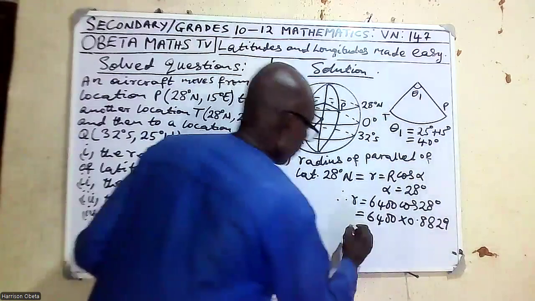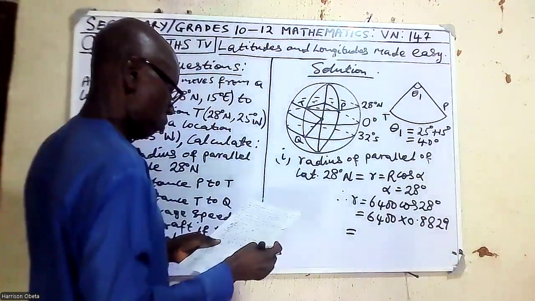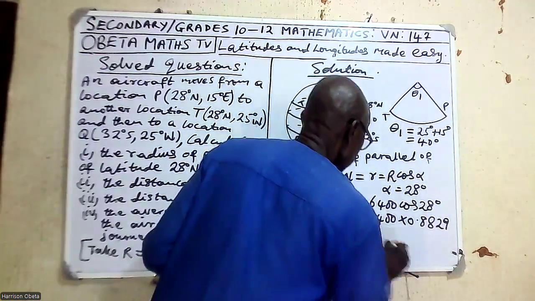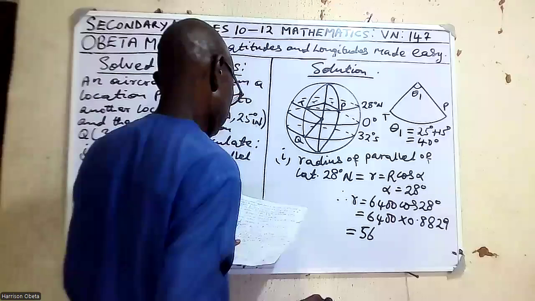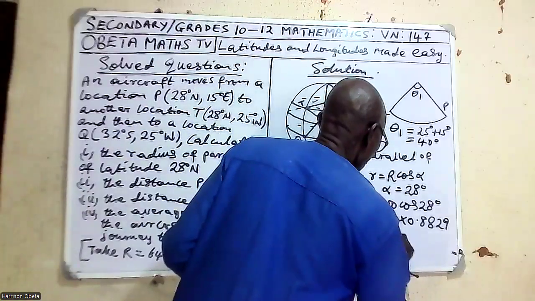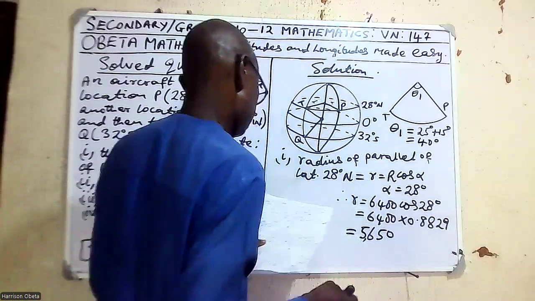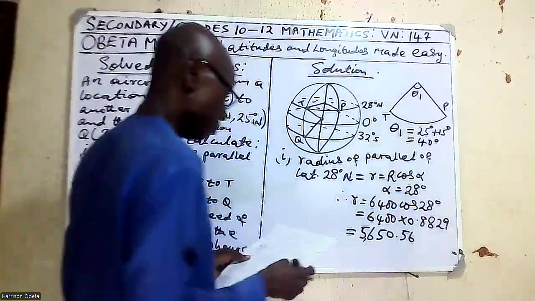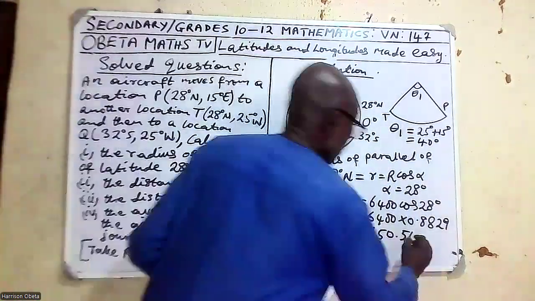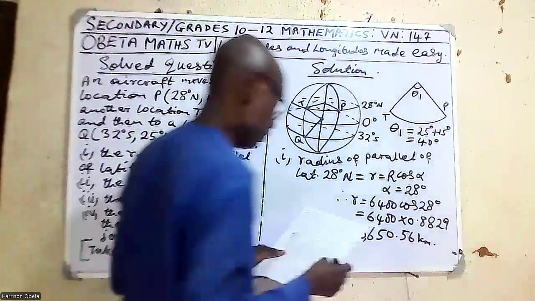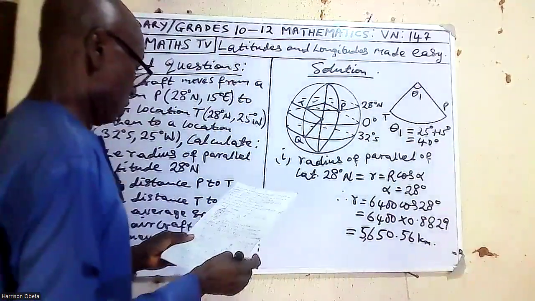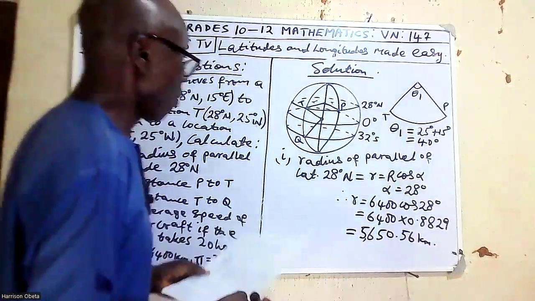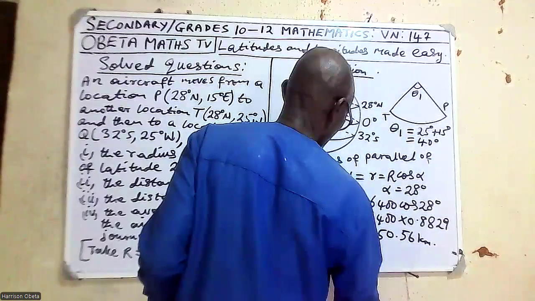And then when you multiply, you have 5650.56 kilometers. Now, that is the radius, and that's the small r.